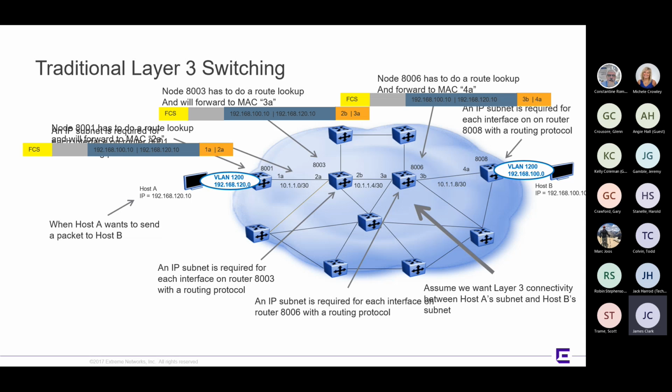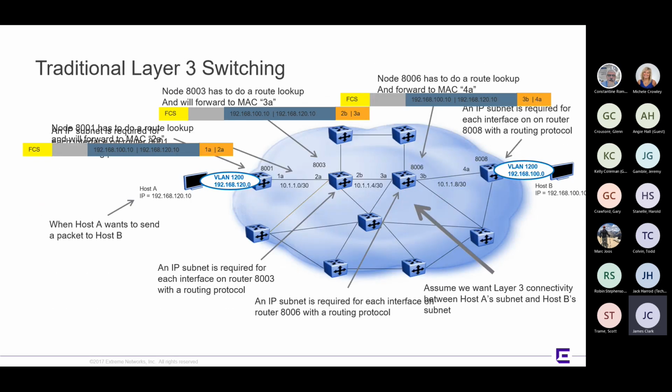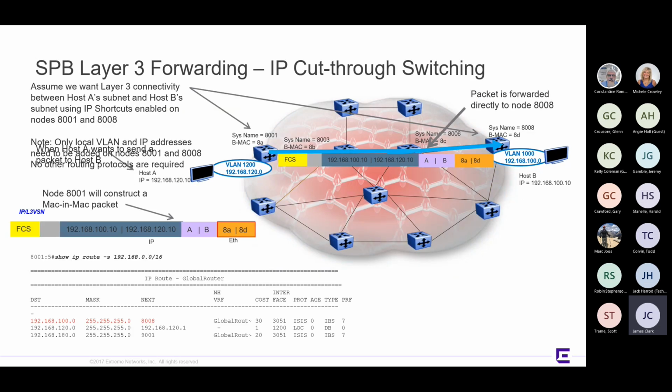The MAC address is put into the route table along with the IP address, forwarded across all the different nodes, stripped out on the far side there, and those two nodes start talking to each other.